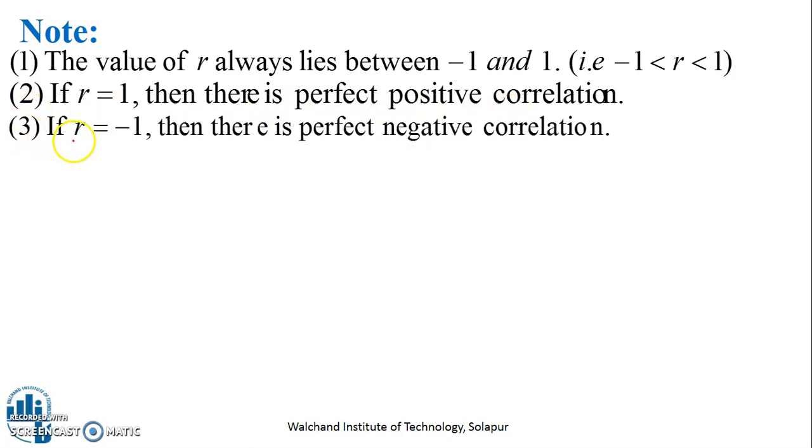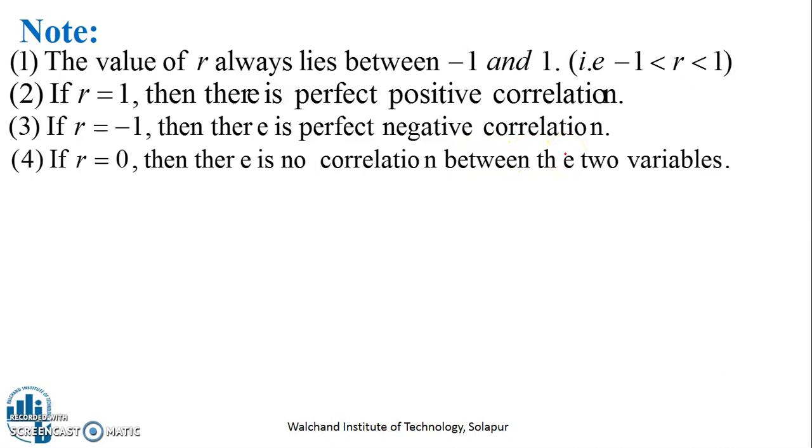Third, if the value of r is equal to -1, then there is a perfect negative correlation between the variables. Fourth, if the value of r is equal to 0, then there is no correlation between the two variables. And one thing you should remember is that neither will we get the value of r equal to 1 exactly, nor will we get r equal to -1 exactly. So the value of r lies between -1 and +1.